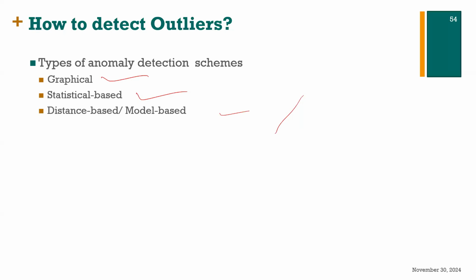The good news is all the methods you can use to treat missing value can be used to treat outlier at the same time. Therefore, the major challenge we have is how do we detect outlier? So this is what we're going to have for today.